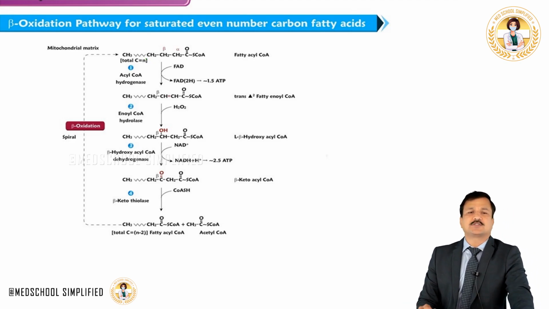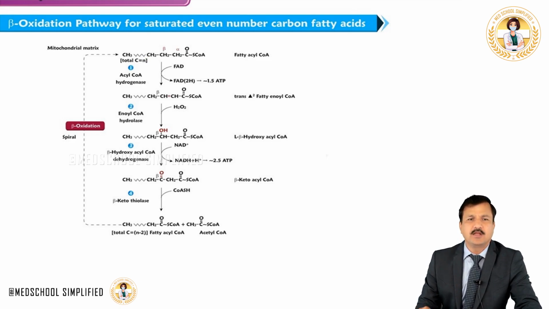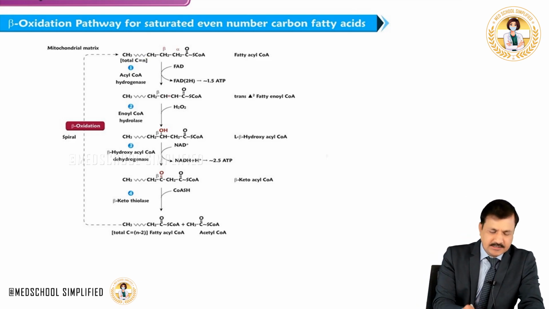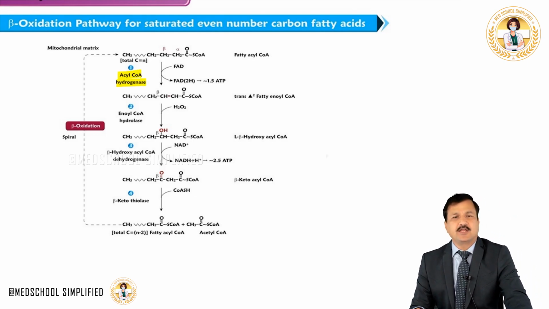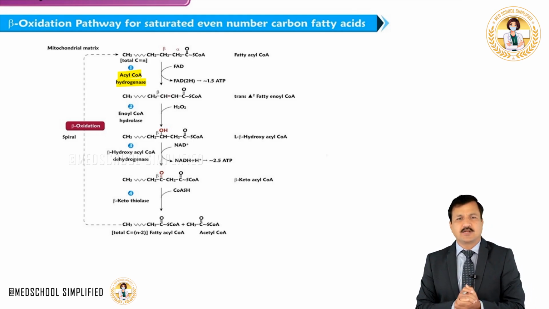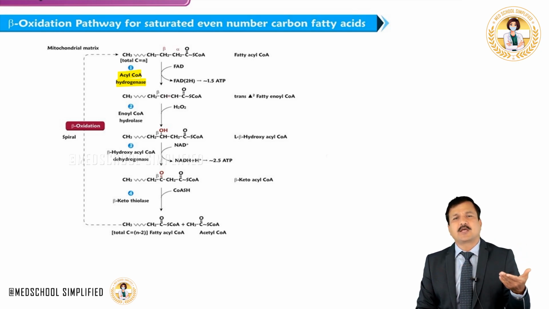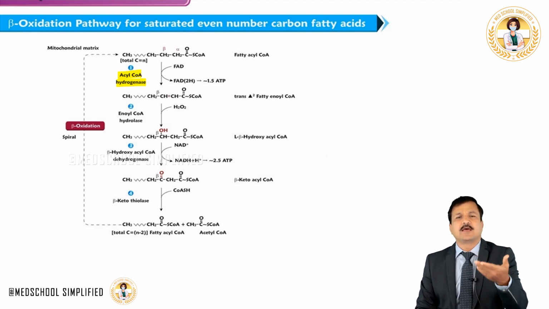The very first reaction in the beta oxidation spiral is catalyzed by acyl-CoA dehydrogenase. This acyl-CoA dehydrogenase is a general name. It can be any type of acyl-CoA dehydrogenase depending on the fatty acid. If it is palmitic acid or palmitoyl-CoA, it is palmitoyl-CoA dehydrogenase, and you just replace all the names down there with palmitoyl-CoA.